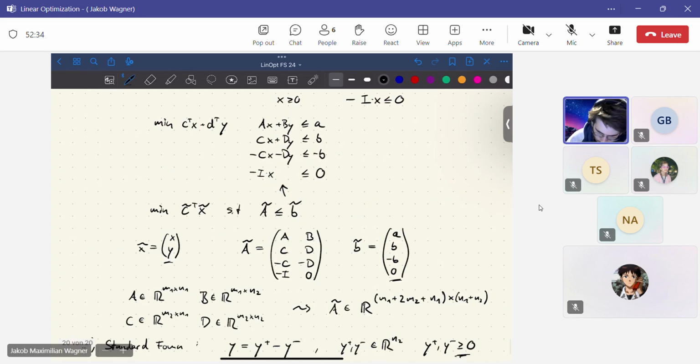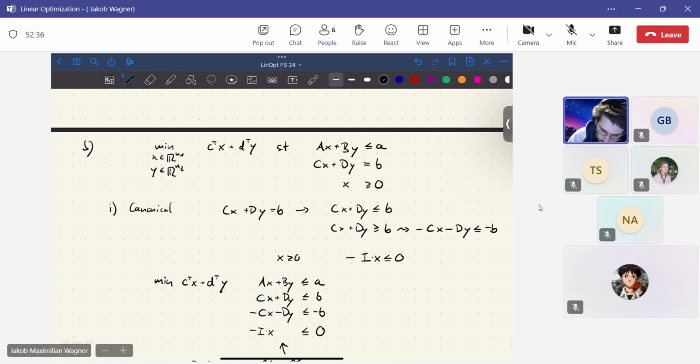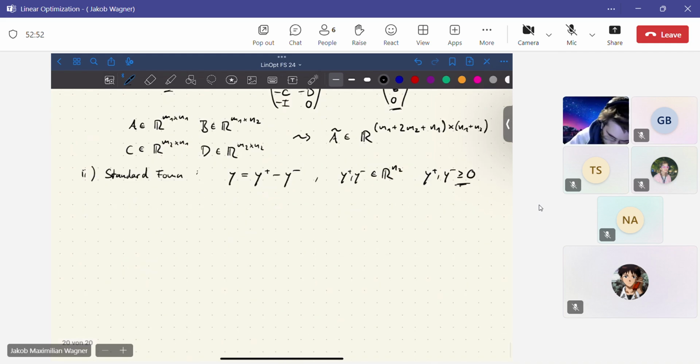And in the inequality constraint from before, there we have M1 inequality constraints. And for each of the inequality constraints, we have to add a new slack variable. This we call then Z. And Z is in Rm1 and is greater or equal than 0.